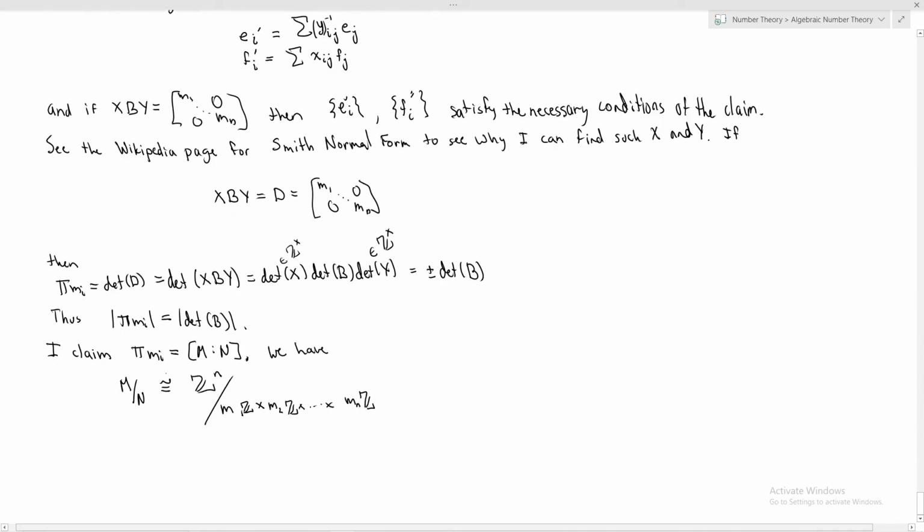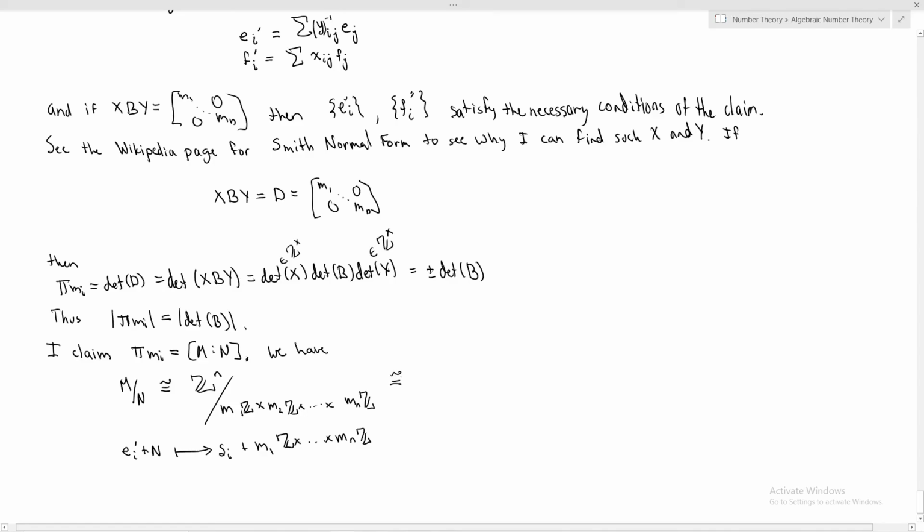If you want to understand where this isomorphism comes from, it is the isomorphism coming from D. You send e_i prime plus N to delta_i plus m1Z cross ... cross mnZ.